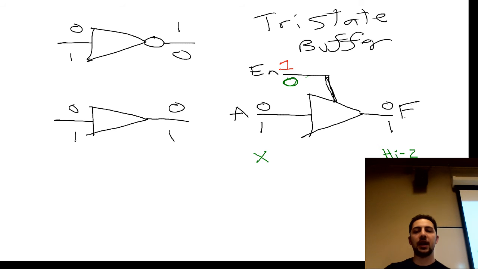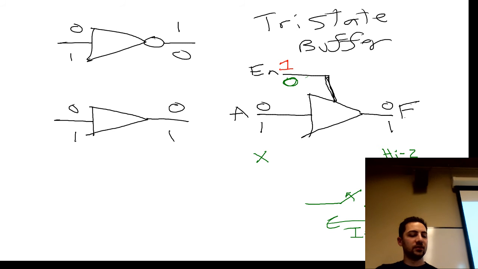This isn't quite that, but figure maybe 100 mega-ohms, very large resistance. With 100 giga-ohms, or whatever we're going to call this high Z, we can effectively say that it is disconnected. It might as well be a switch that is open. No current can flow. I equals 0 in either direction.